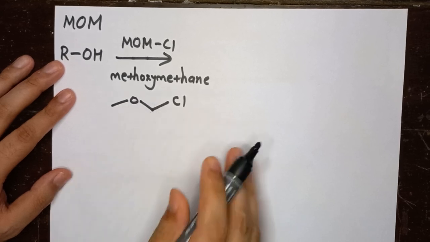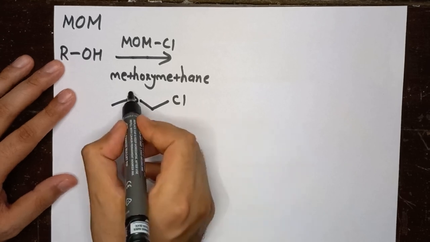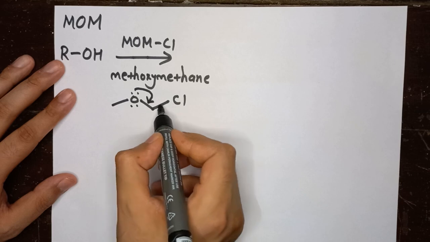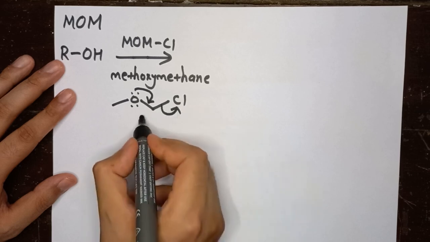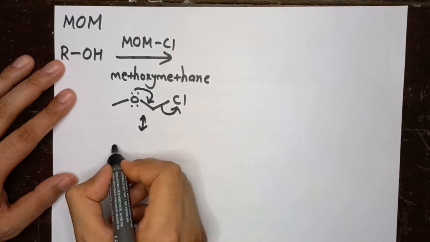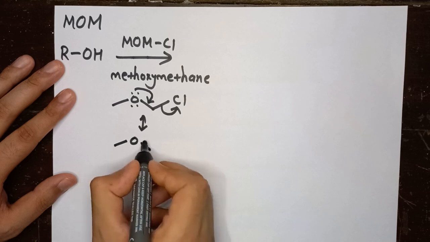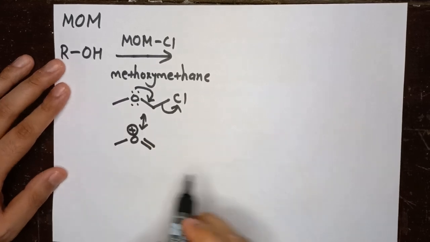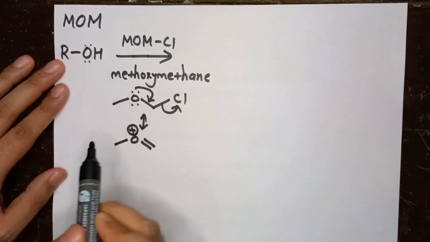Methoxymethane. Okay. So this oxygen lone pair can form double bond here and can remove Cl group. So the resonating structure will be this one. Now here comes the alcohol functional group.